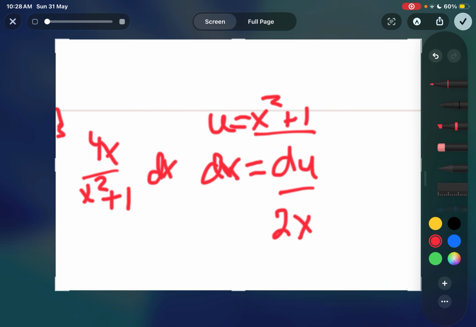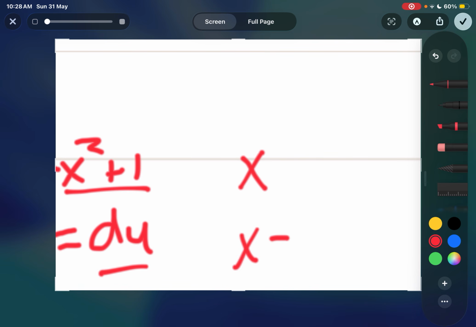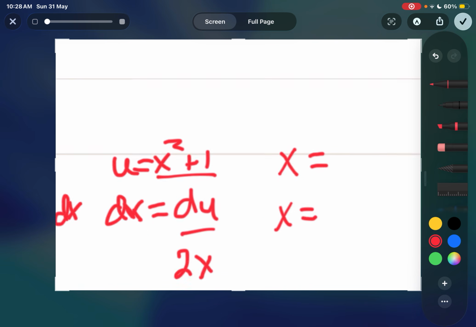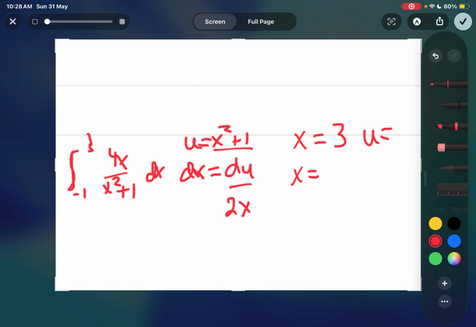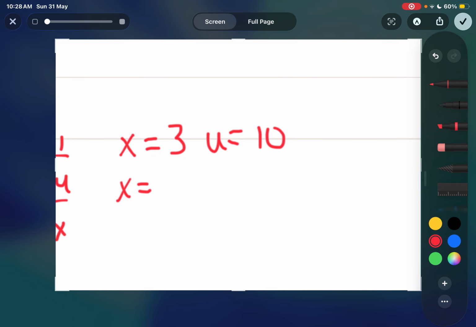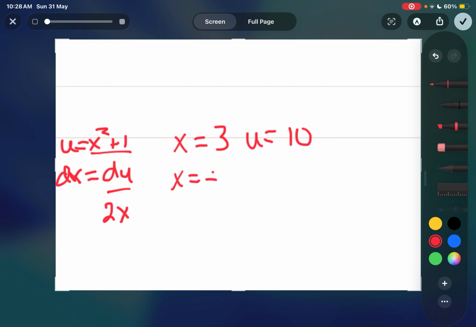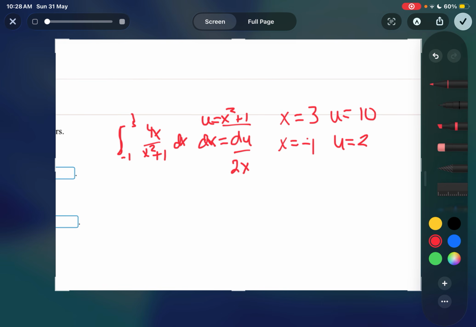Okay, and then you have to change the boundaries. For x equals 3, replace 3 here. So 3 squared plus 1 is 10. And for x equals minus 1, it's minus 1 squared plus 1, so it will be 2. So that's a new boundary.